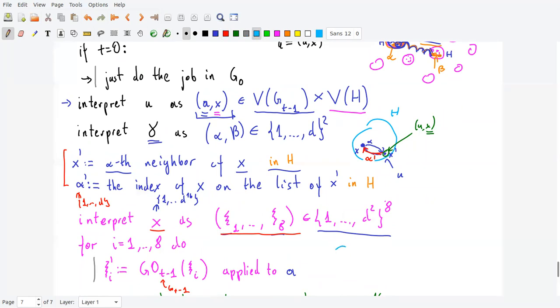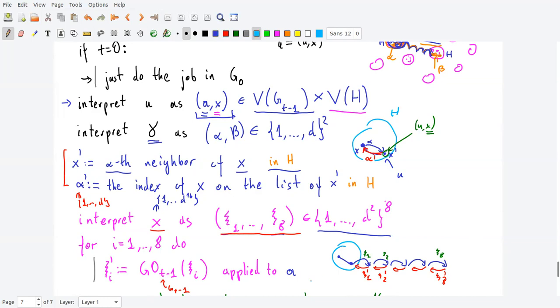Maybe to redraw the picture, we have made 1 step in here. Now we are moving with 8 steps in the graph G_{t-1}, using consecutive indices x_c1, x_c2 up to x_c8 for those Go operations, and each of those Go operations in the graph G_{t-1} gives us some return index, in the sense of how I should go back here: x_c1', x_c2', and so on, x_c8'.